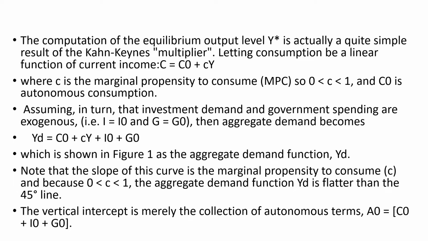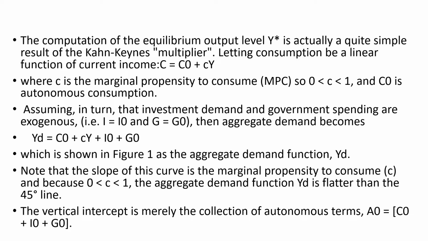So here let's assume that consumption is a linear function of the current income, that is C is equal to C0 plus cY, where c is your marginal propensity to consume, the MPC, which is a value between 0 and 1. And C0 is the autonomous consumption, which means that even if your level of income is 0, your consumption would be happening. The investment demand and the government spending are considered to be exogenous, that is I0 and G0.